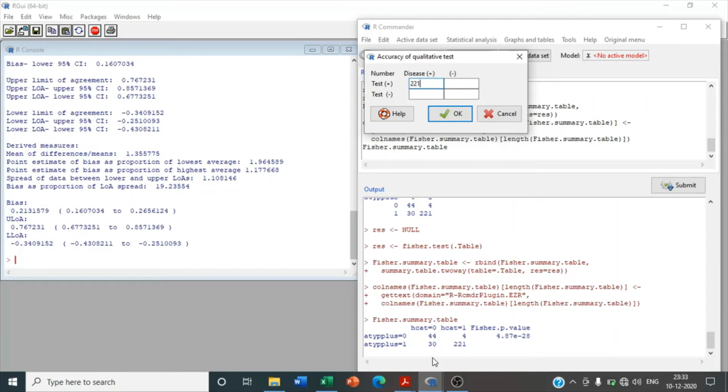Test positive but actual disease negative is 30 in this case. Test negative but actual disease positive is 4 in this case. And test negative, actually negative, 44.